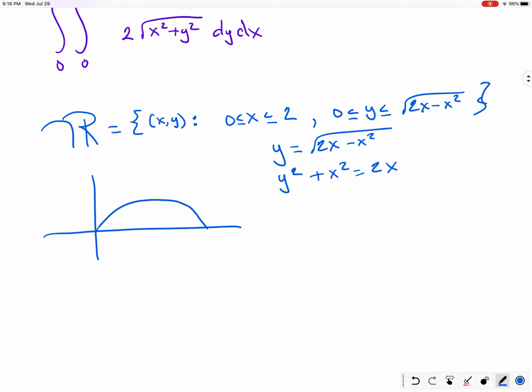And if I plug in x equal to 0, I would get 0. And if I plug in x equal to 2, I would also get 0. So let me do that. y squared is equal to 0 if x is equal to 0, and y squared is equal to 0 if x is equal to 2.